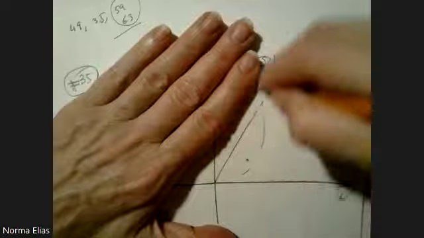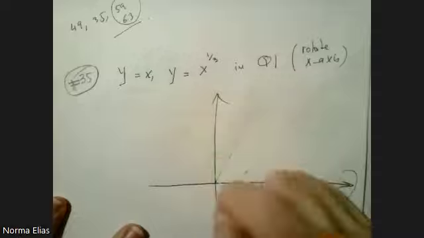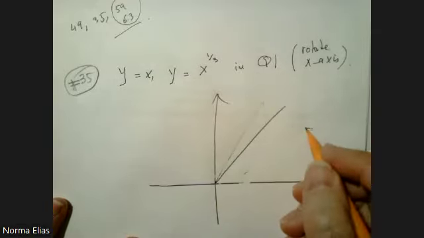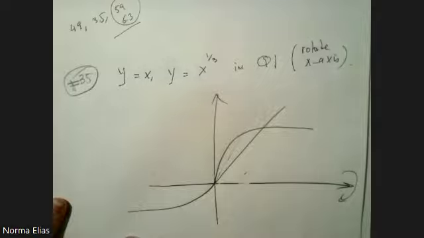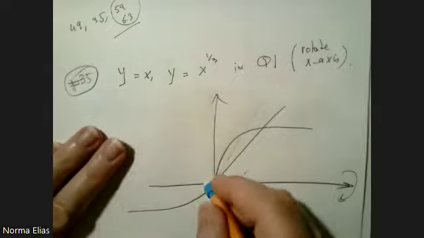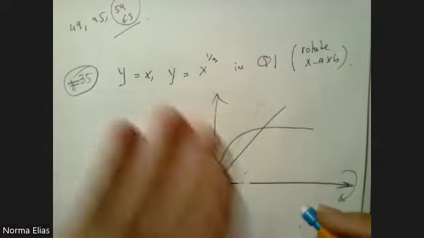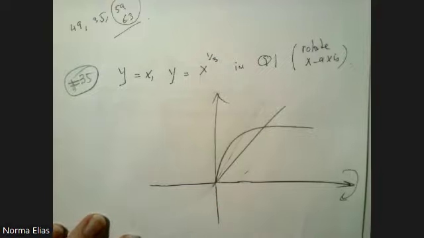My apology. Y equal to x to a third goes like that. Okay, that's x to a third. So I'm only interested in the first quadrant, so I can erase this piece right there. I don't really need it. So these are the two curves I'm interested in.